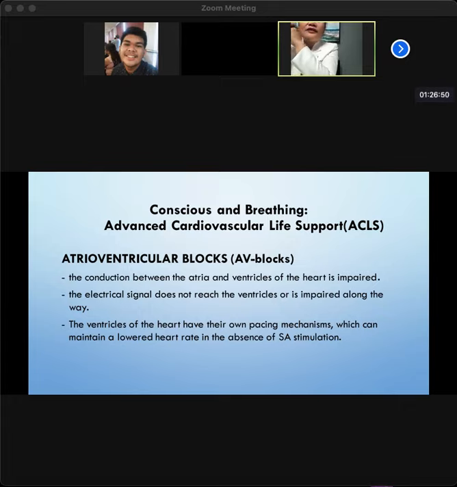The electrical signal does not reach the ventricles or is impaired along the way. The ventricles of the heart have their own pacing mechanisms which can maintain a lowered heart rate in the absence of SA stimulation. So AV blocks are considered as bradycardia, bradyarrhythmia.